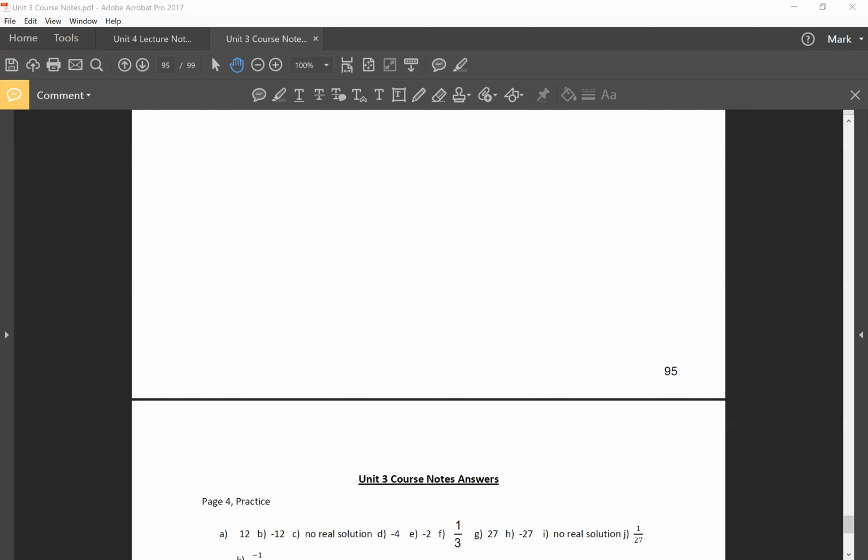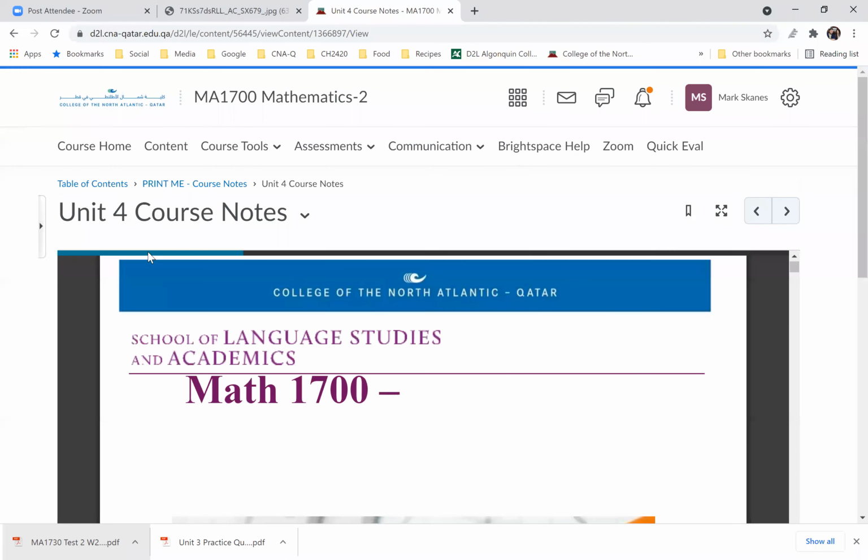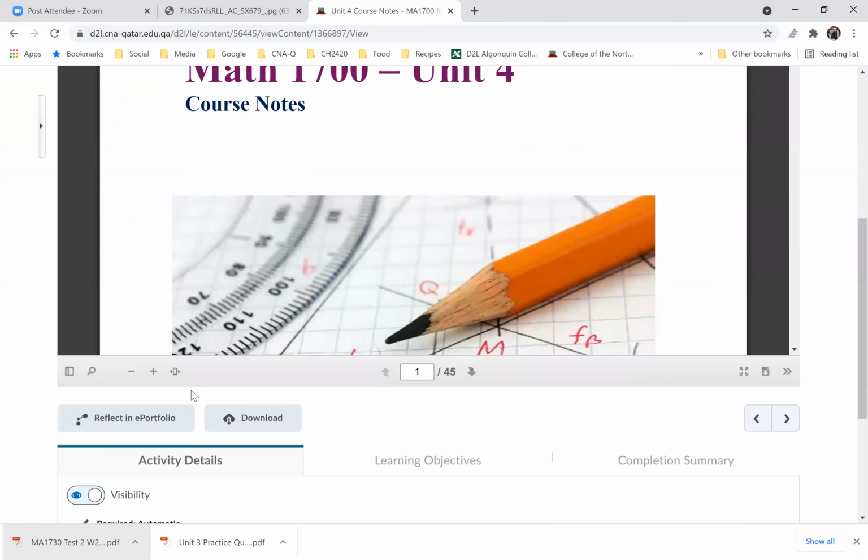I'm just opening up Unit 4, and I'm going to download it to my computer just so I can write on the screen a little bit better. Downloads. There we go. Computer being a bit slow today.